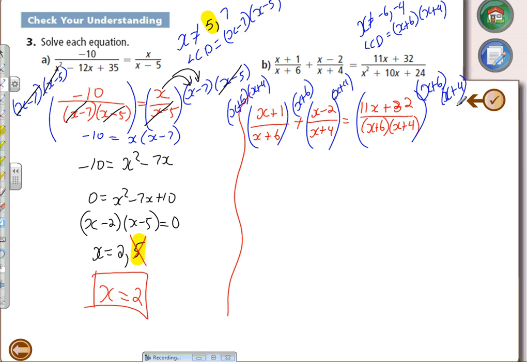And then start hacking it. X plus 6 is gone. X plus 4 gone. Both of these babies, bye-bye. And we get left with, I'm going to rewrite this one out just so that you can see what we have. Plus. Careful if that's a minus, because you're going to have to distribute that in as well.